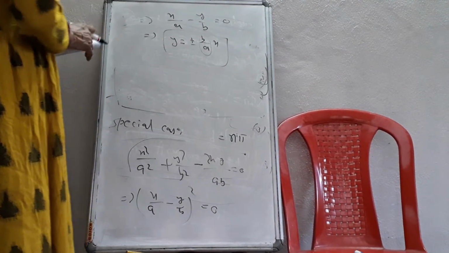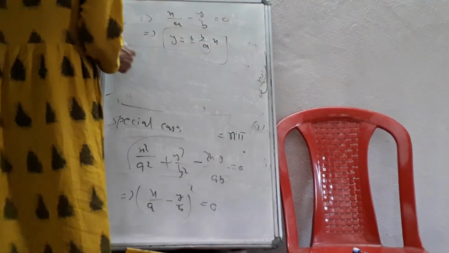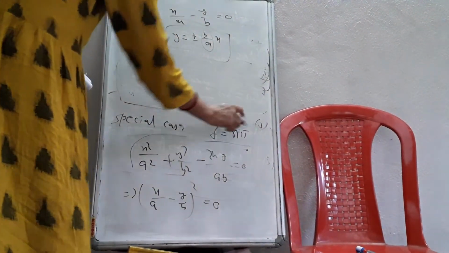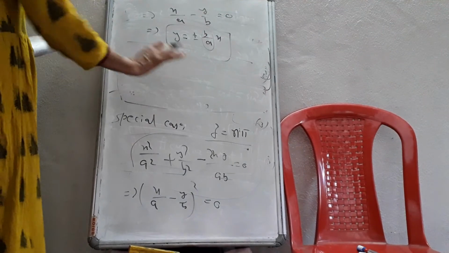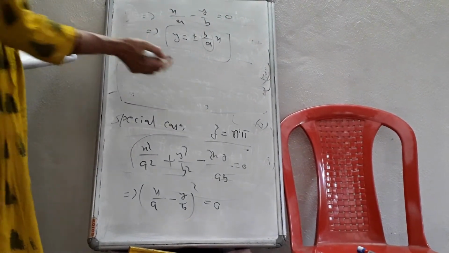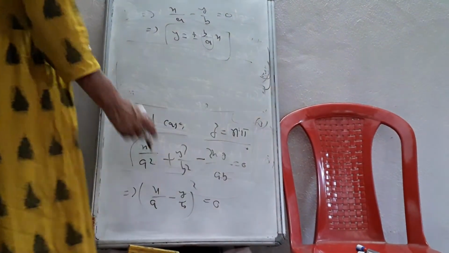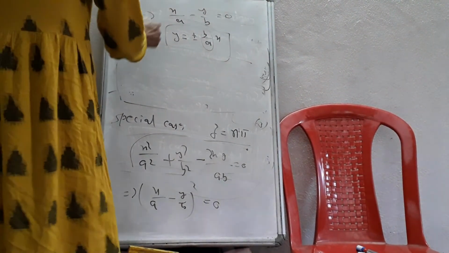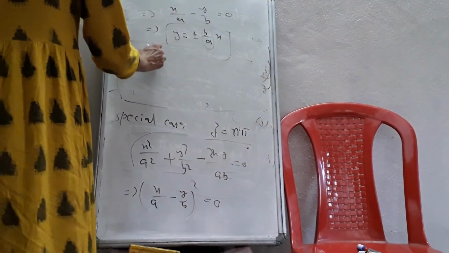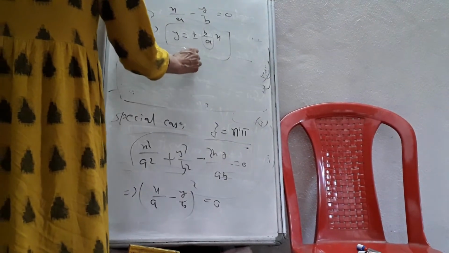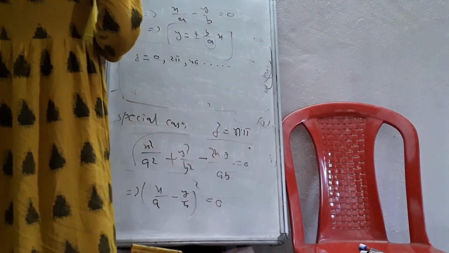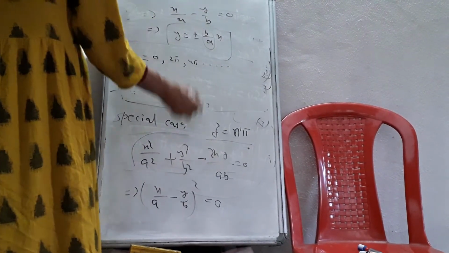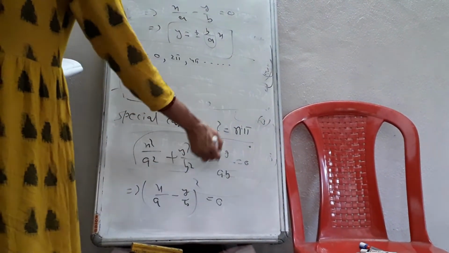In this equation again there are two conditions. Here I have taken the phase difference as an integral multiple of pi. Again we will divide it into two cases, n either even or odd. If it is even, when delta is 0 or 2 pi or 4 pi and so on, the term will become positive, that is x square plus y square plus 2xy by ab.